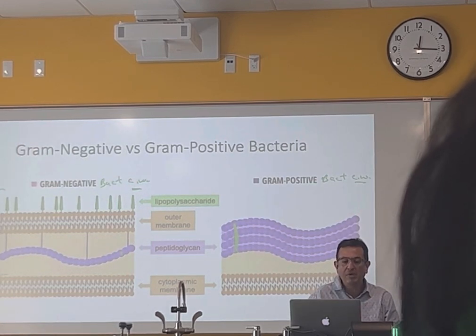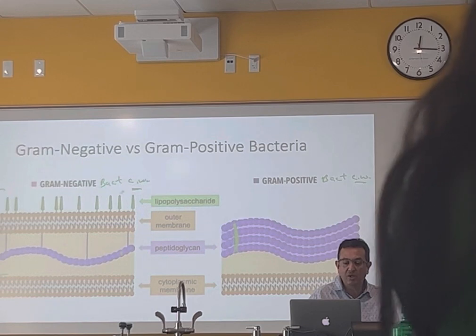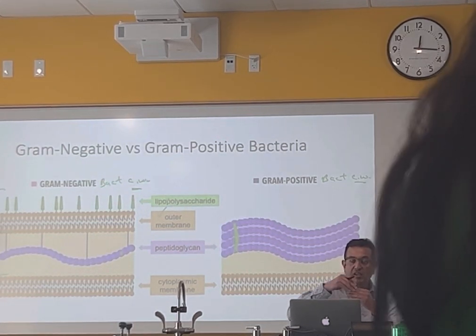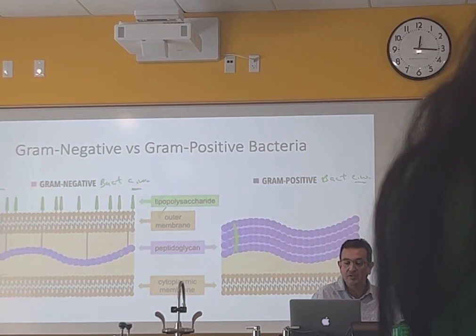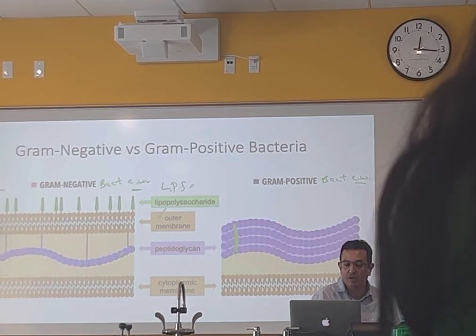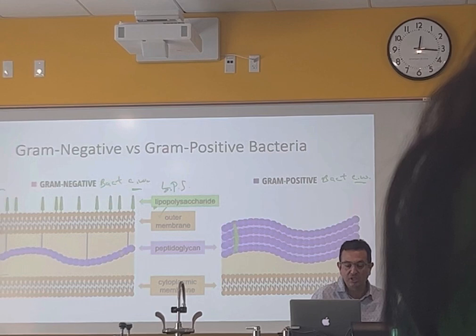Okay? Gram-negative are interesting because they have a lot more things going on. Gram-negative have this outer membrane, and external to the outer membrane, you have this other very important compound that's called lipopolysaccharide. We know it better as LPS. It's okay to just call it LPS.